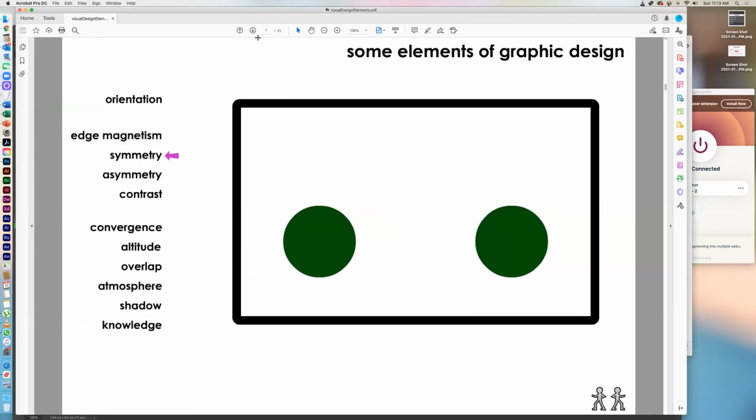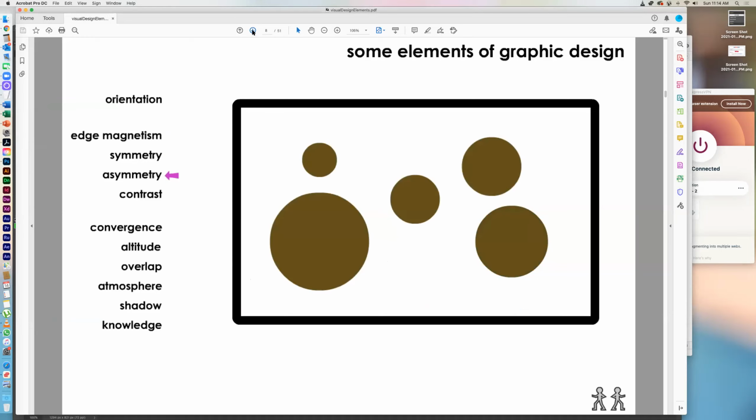Then there's symmetry, which we've talked about, and I've kind of shown you there. That's very much a part of Gestalt, that when 2 things are perfectly symmetrical, then they're related to one another, but also when things are symmetrical, when they're the same, they balance one another off. Now, there is also another way of balancing things, and that's called asymmetry.